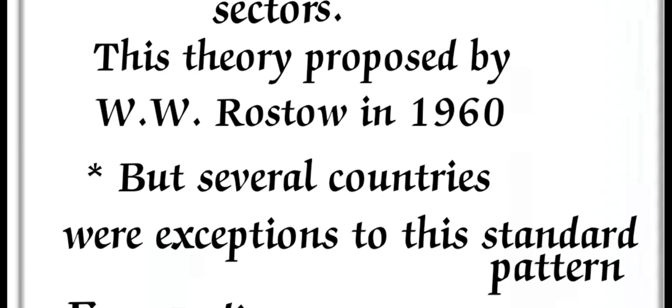The theory was proposed by W. Rostow in 1960. According to his views, there are five linear stages. It means within the growth there are five stages. According to W. Rostow, there are five stages through the main three sectors.